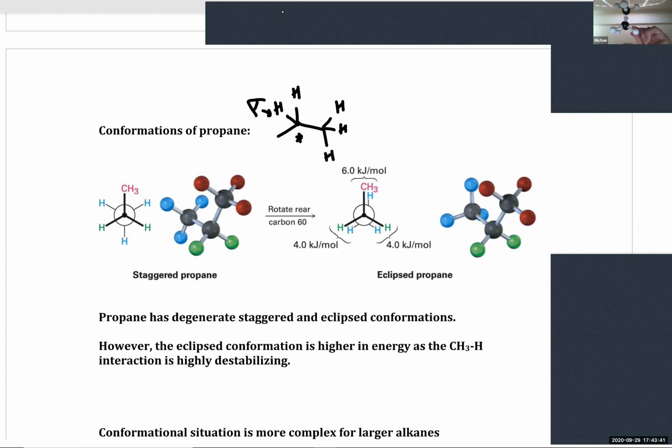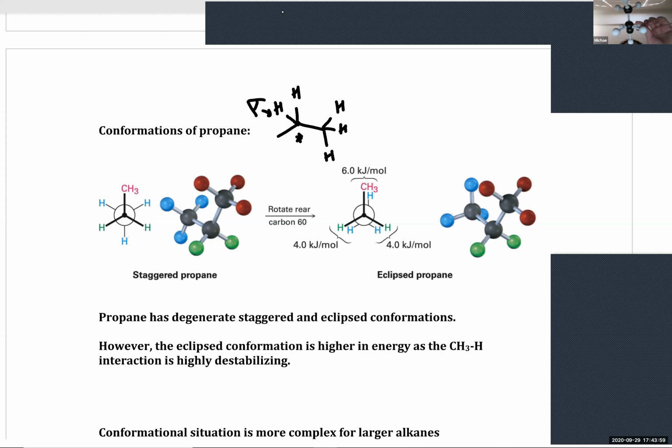Now what we're going to do is look at the different conformations of propane using our model kit. The first conformation we're going to look at is known as the staggered conformation.